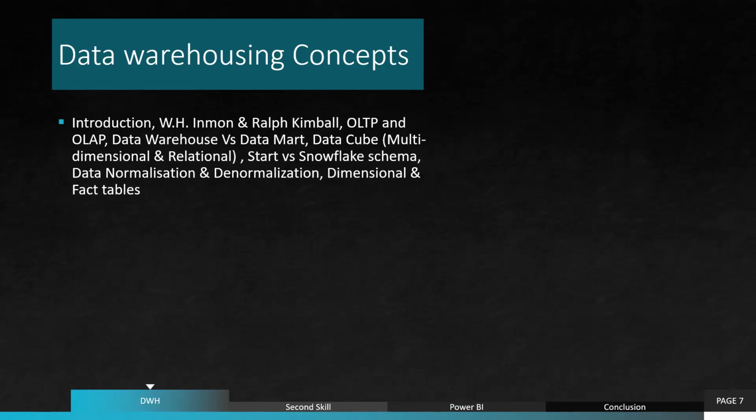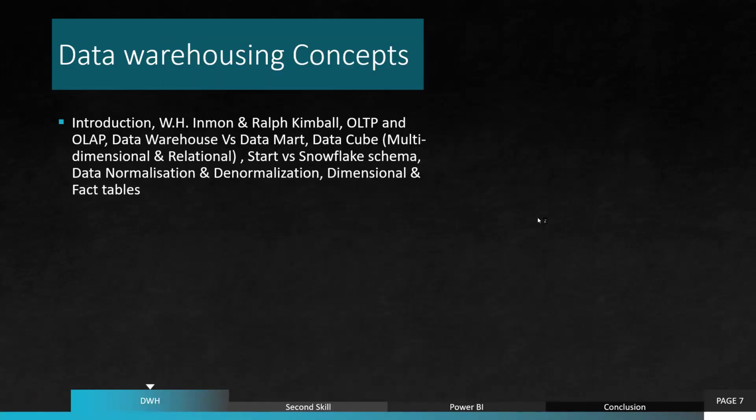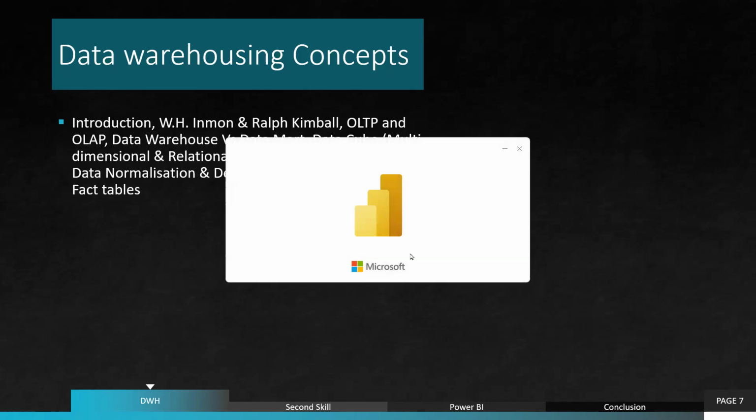We should have a solid understanding about the databases when we want to use that data in our Power BI reports. Even a semantic model would be created in Power BI. Let me open Power BI in parallel so that I can show you the things.